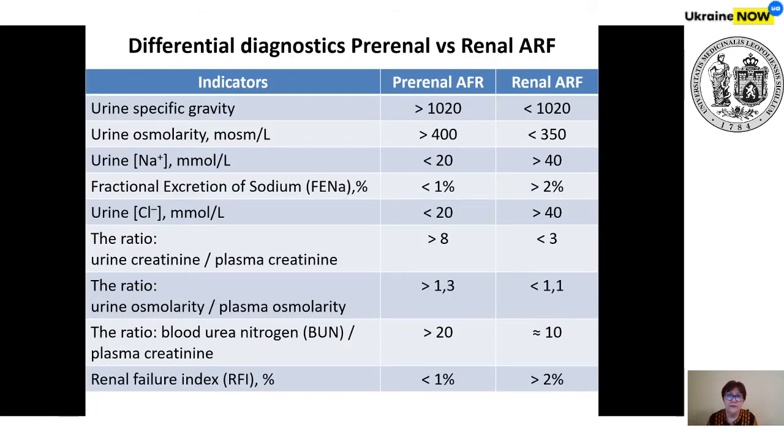It's quite easy to diagnose post-renal acute renal failure, but we have some difficulties in differentiating between prerenal and renal acute renal failure. For this goal, you can use many indicators given in this table: urine specific gravity, urine osmolarity, sodium level, fractional excretion of sodium, chloride level, and the ratio in urine and plasma concentration of creatinine, osmolarity, blood urea nitrogen, and renal failure index.